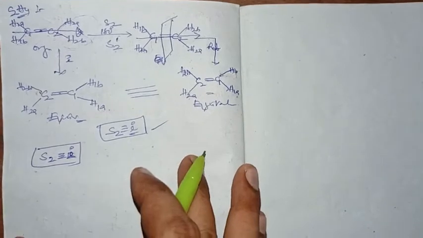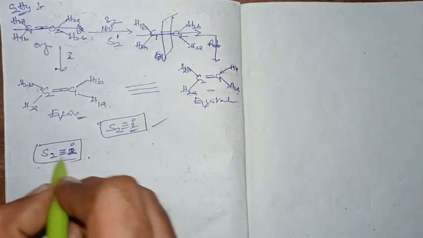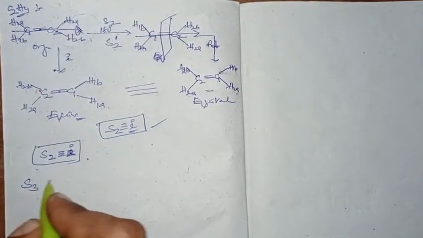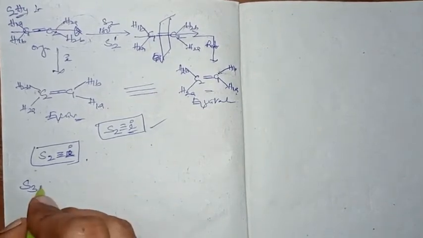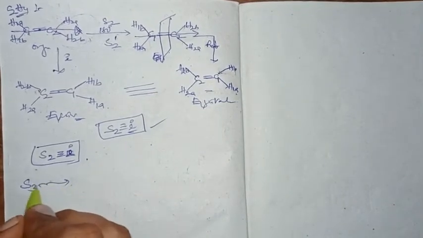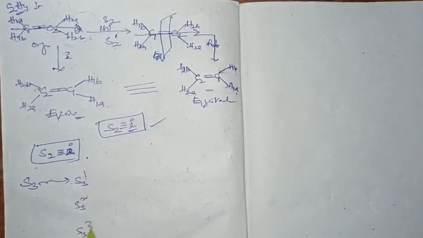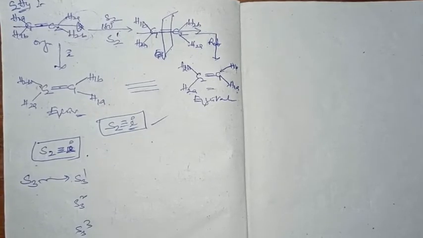Next, when we do the S3 improper axis, what are the elements it would have when we deduct? S3 will have S31, S32, S33, S34, S35 and S36, right?